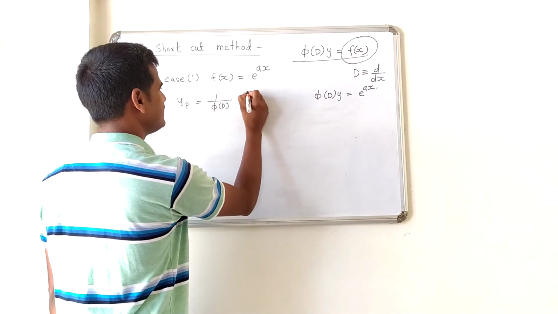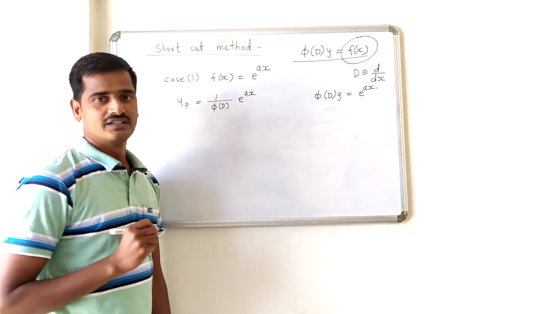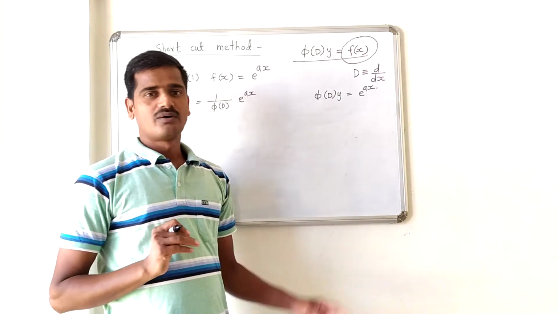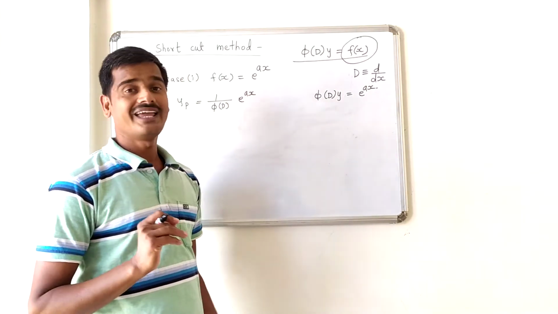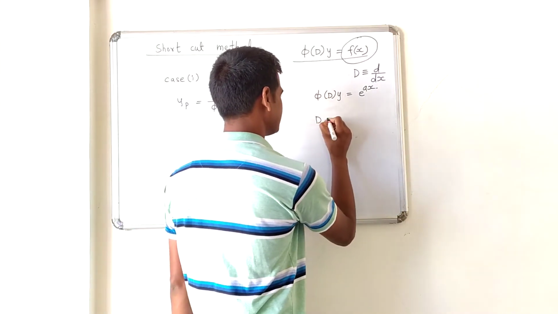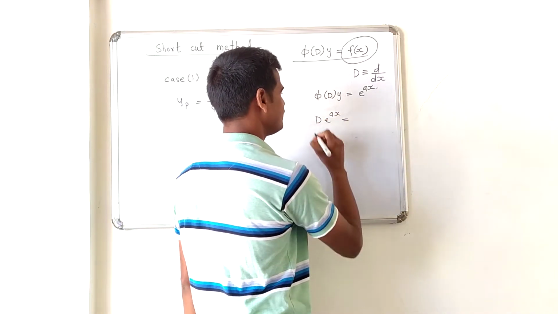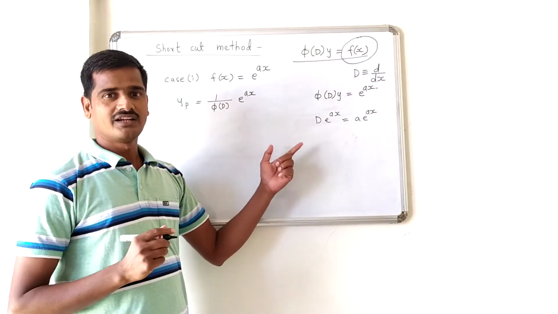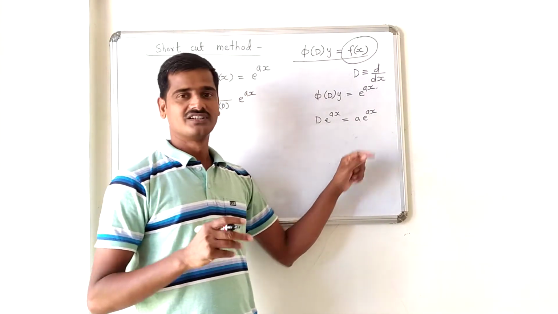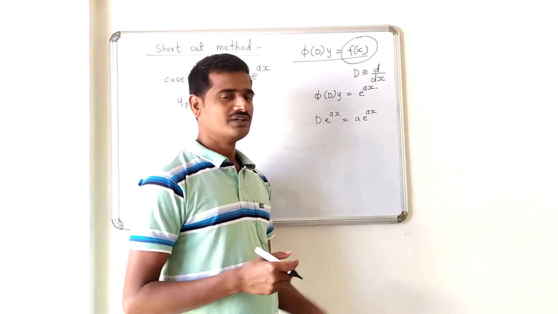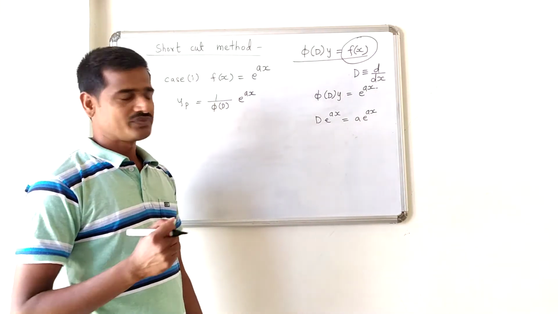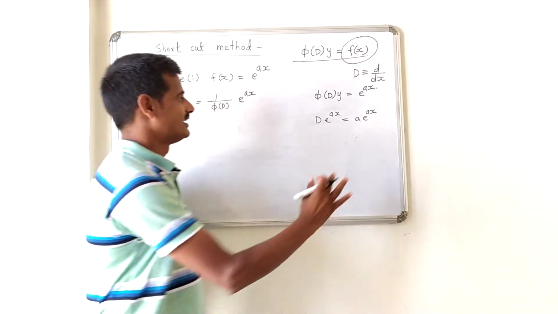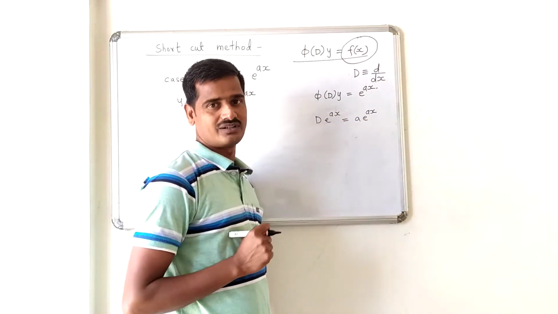F of x is here e to the power ax. Now you know that the derivative of e to the power ax is a e to the power ax. Then the second order derivative is multiplied by a square, the third order derivative by a cube, and you continue in this way. The nth order derivative of e to the power ax is nothing but a raised to power n into e to the power ax.